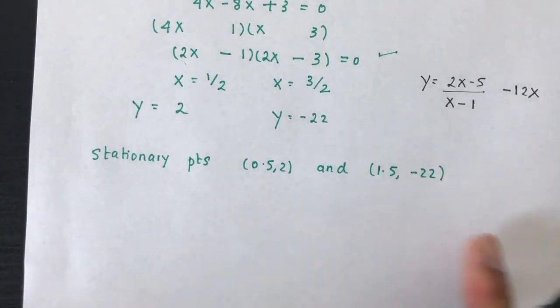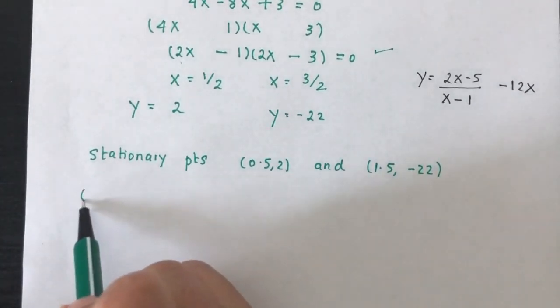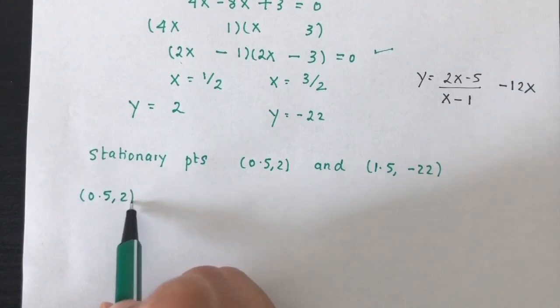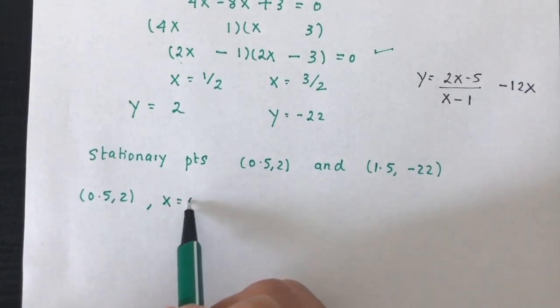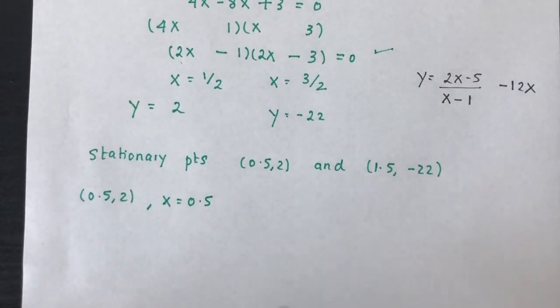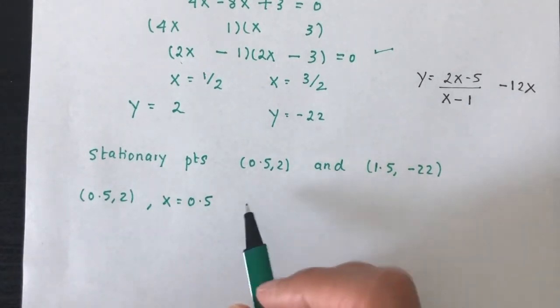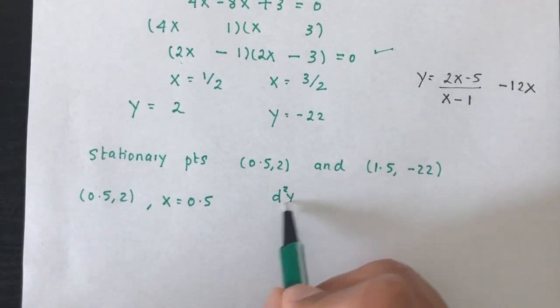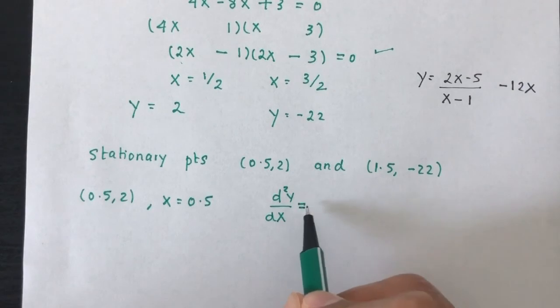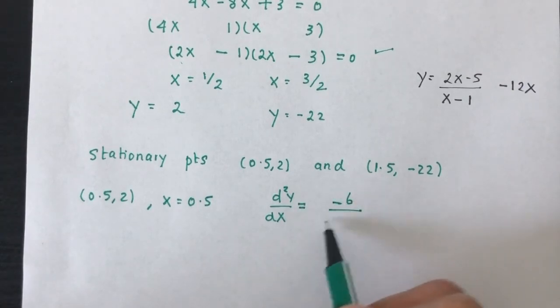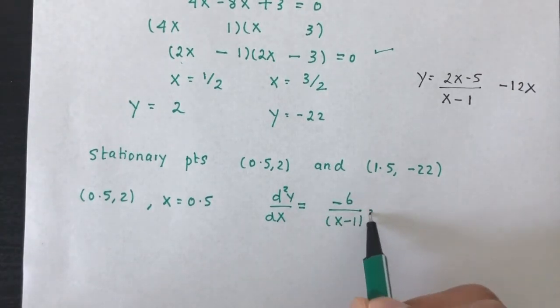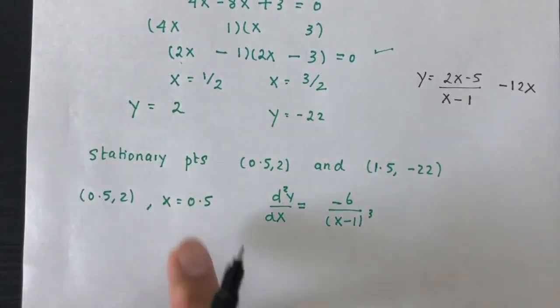Now we have to find the nature of each point, so pretty easy. First one, let's write this down. For this point, the value of x is 0.5. To find the nature, we have to look at d2y by dx2. So d2y by dx2 is given by minus 6 over (x minus 1) cubed. Now let's replace this value in this equation.